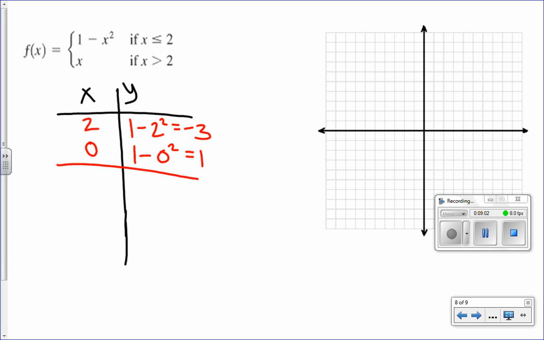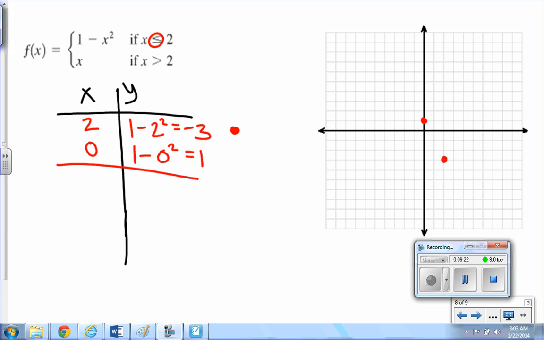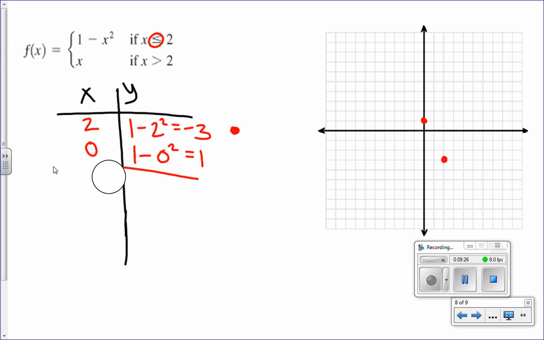Let's make a note here that this ordered pair will be a solid circle because of the equal to. So 2, -3 is located there, and then, let's see, 0, 1 is located right here. With a quadratic function, it might be advantageous to go ahead and graph another point to get a better idea of what the graph looks like.